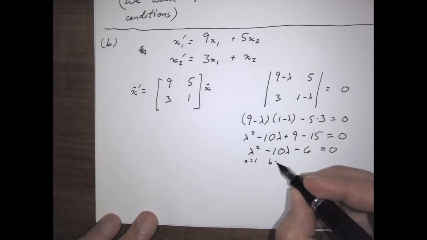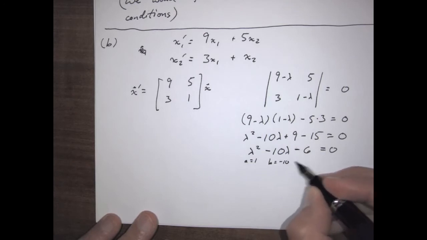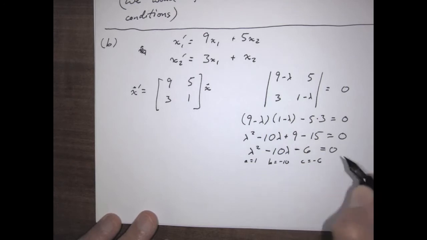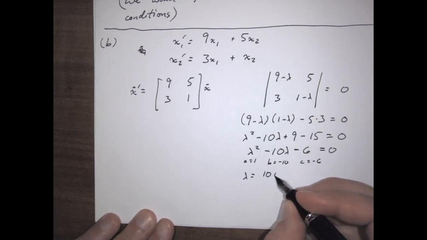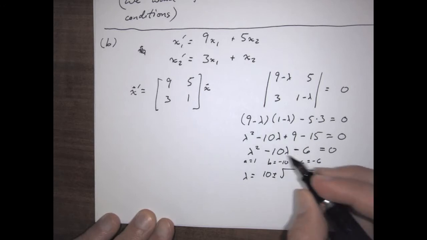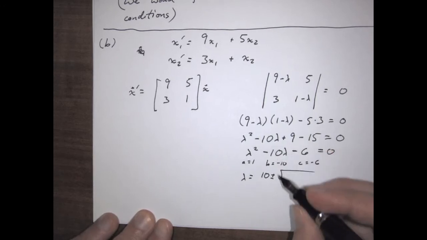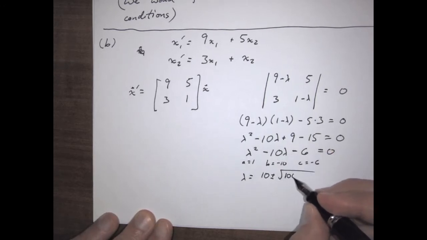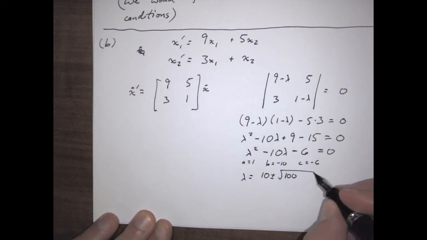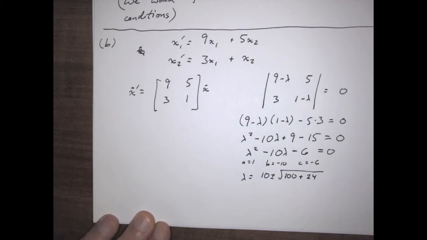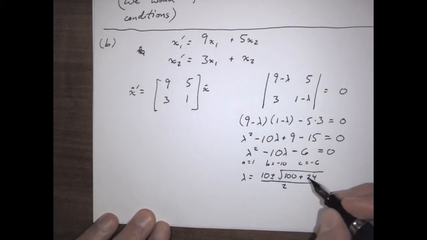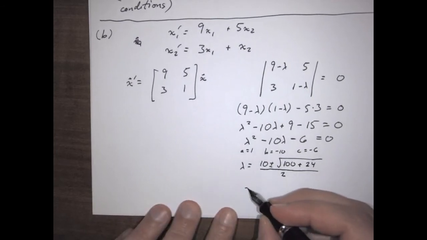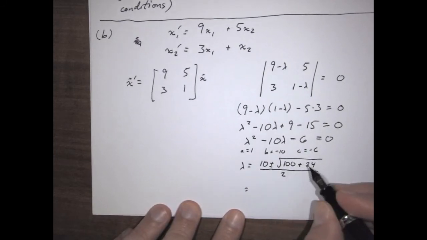So b is -10, c is -6, and that gives lambda equals -b, so +10, plus or minus the square root of b squared, which is 100, minus 4ac, so that's plus 24, divided by 2a.